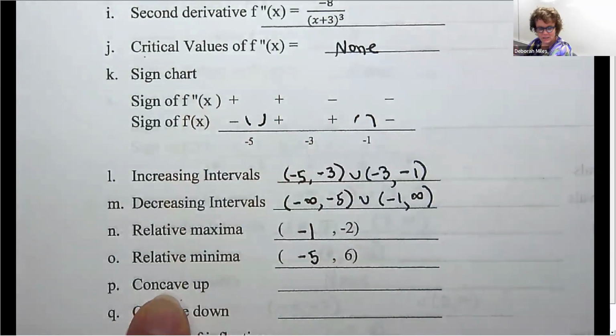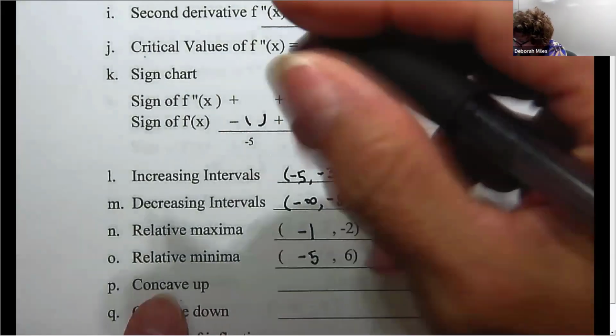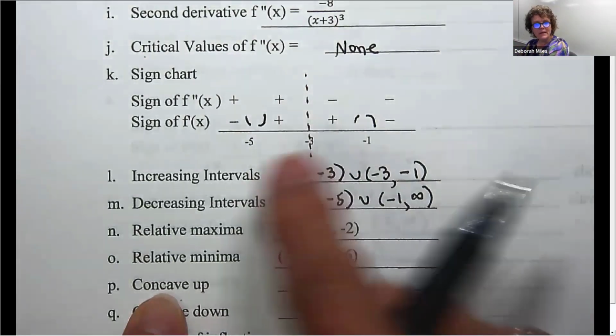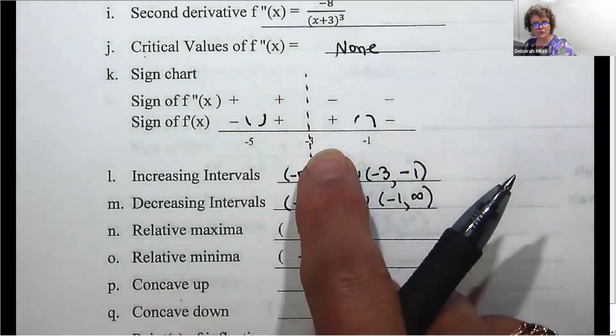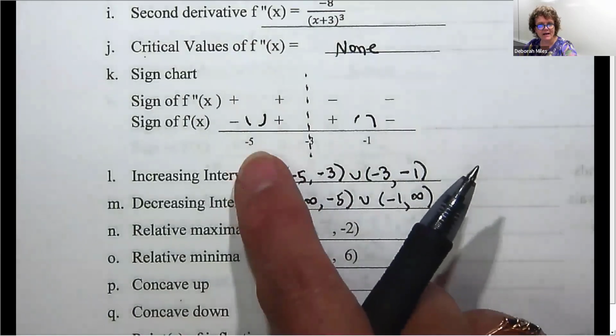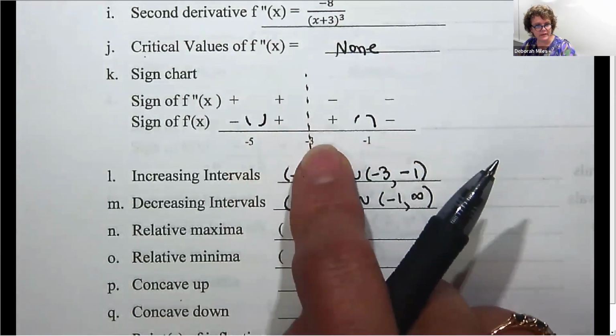Hey, I just thought of something that might help you. I thought of it earlier and forgot to mention it. If I put my vertical asymptote on my number line, I'll make sure not to write an interval, say from -5 to -1. I'll remember there's a vertical asymptote I have to break for there.